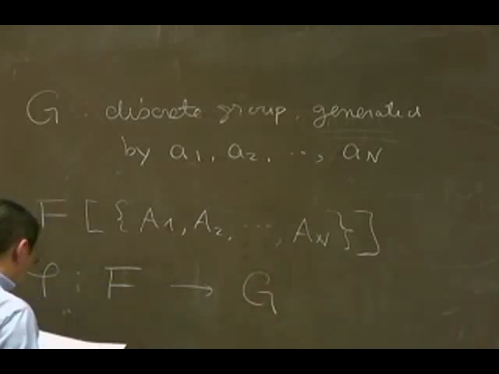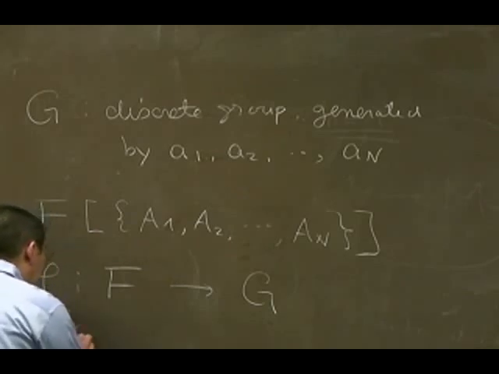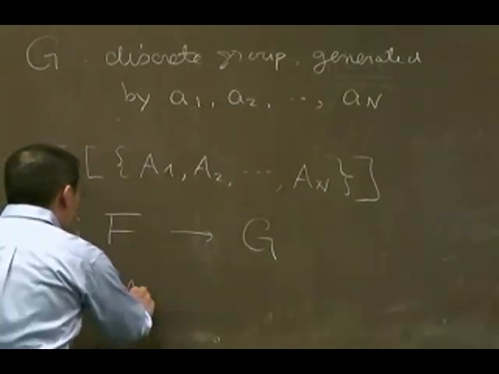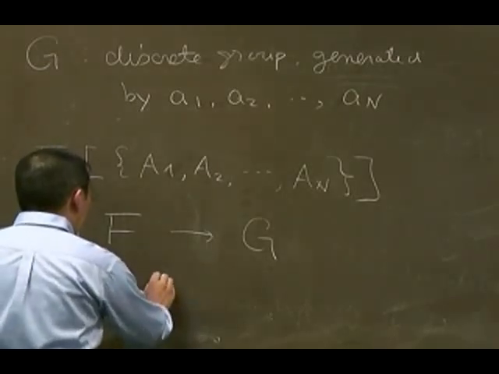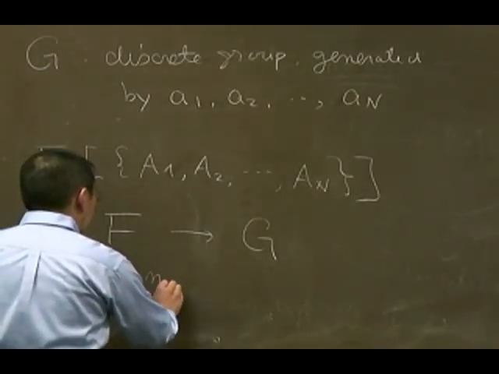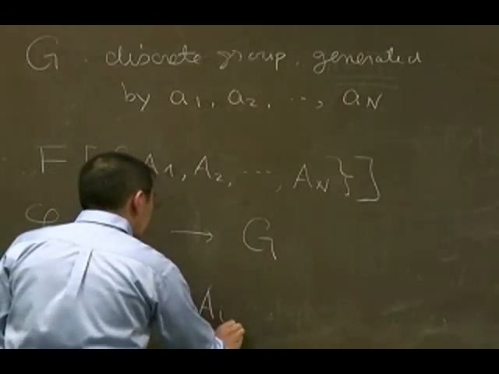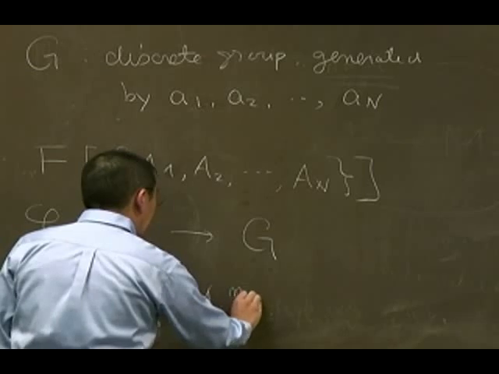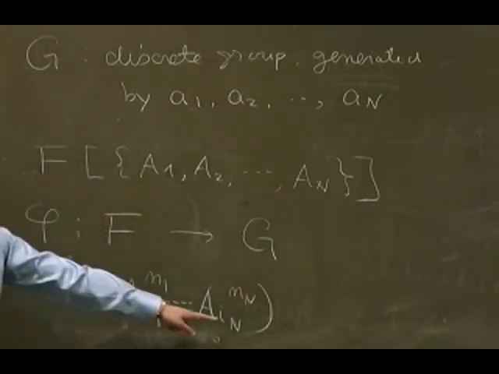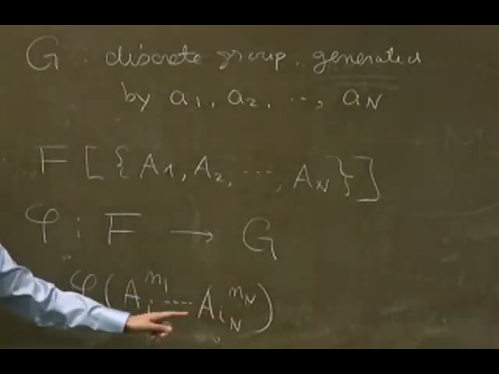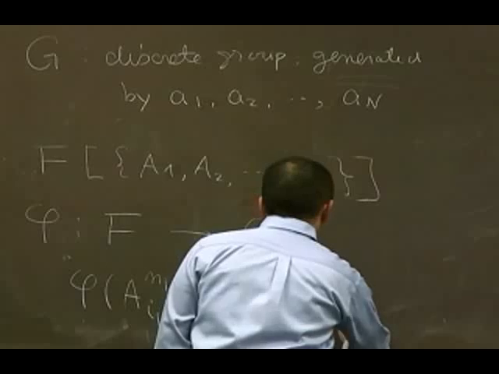So the way that you should define it is very simple. Any element of F would be of this form, A_{i1}^{n1} to A_{ik}^{nk}. Any element of a free group is just words built out of these letters. Then I just define the image here to be this.